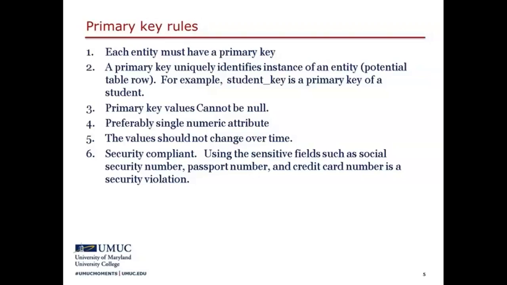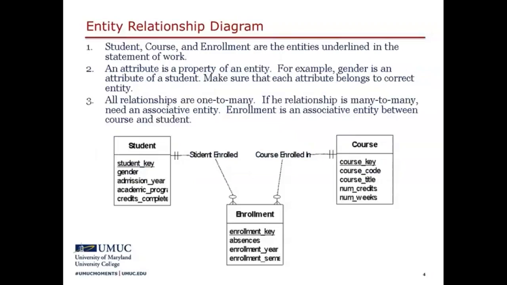Now, something else to keep in mind, you want to make sure that your primary key is security compliant. So you don't want it to be the passport number, and you don't want it to be the social security number. Because guess what's going to happen? Take a look at this. If I use the social security number as a student primary key, the social security number will show up in the enrollment table as a foreign key.